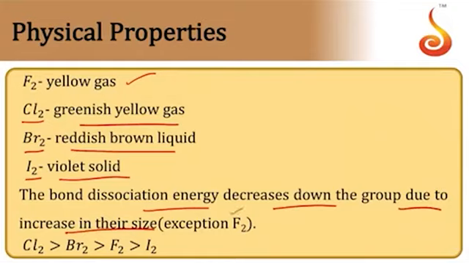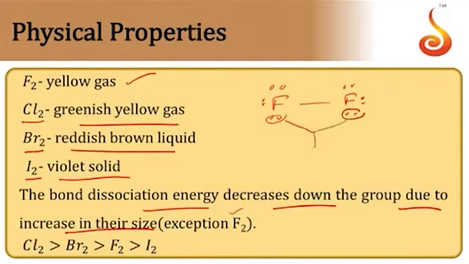Again, exception is fluorine. Because in the case of fluorine, being very small size here, to form fluorine molecule, the fluorine atoms come close and they have non-bonding pairs now. So when atoms are coming close to form fluorine molecule, the non-bonding pairs also come close to each other, and they start repelling with each other.